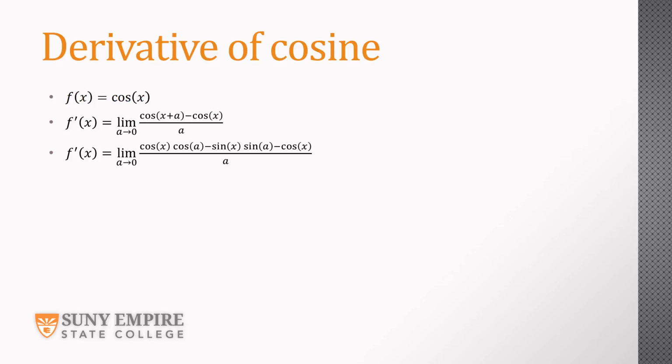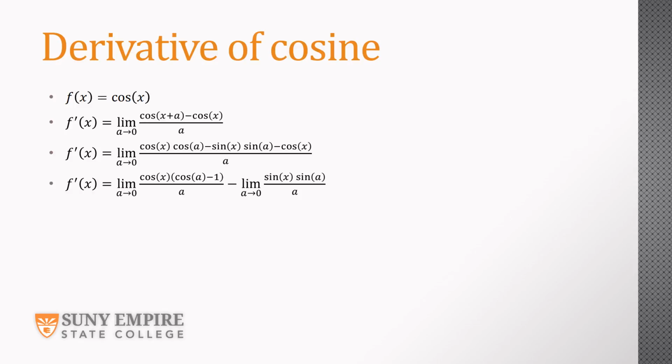We use the angle sum formula for cosine to realize that the derivative of cosine is equal to the limit as a approaches 0 of the quantity the cosine of x multiplied by the cosine of a minus the sine of x multiplied by the sine of a minus the cosine of x, all divided by a.